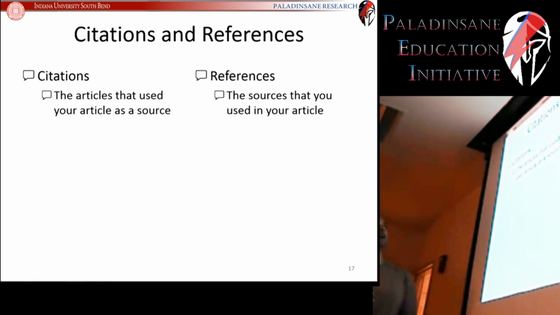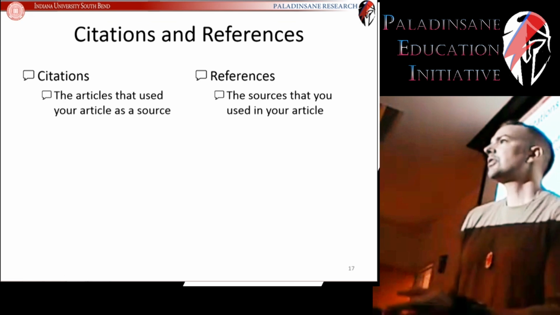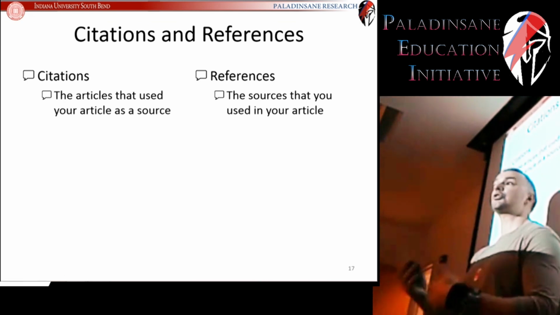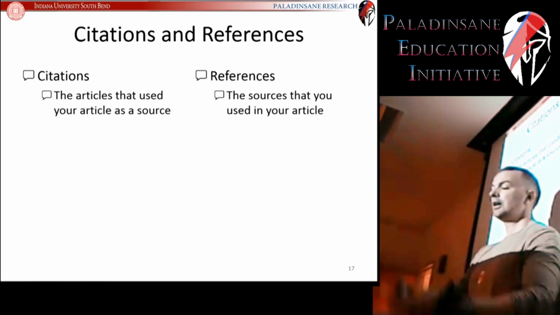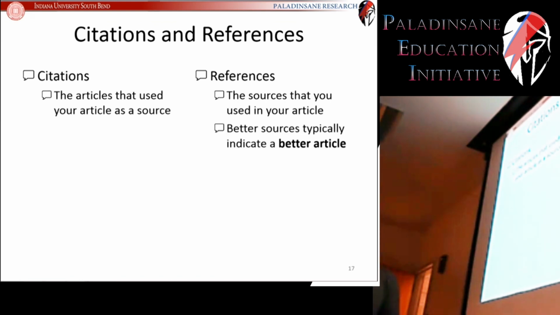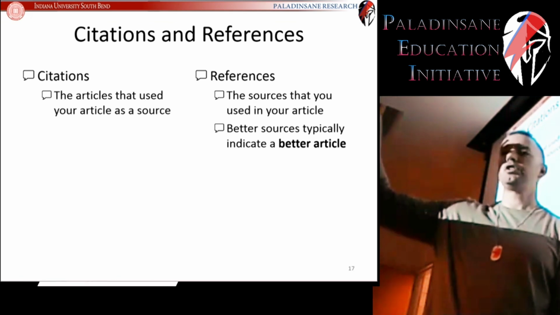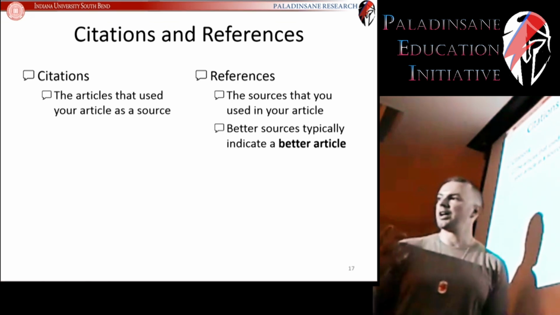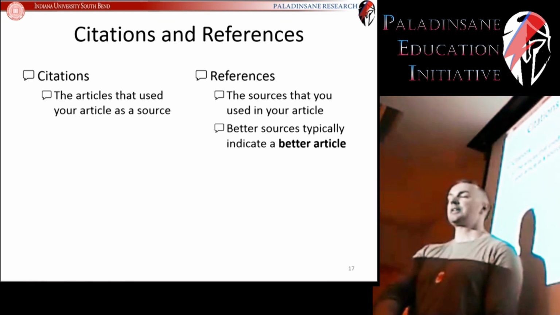So once you know this, you can start using citations and references in order to very quickly help you evaluate certain articles, right? It can be used as a shortcut. If you're not familiar with an area, if you're trying to find new research, this can really help you, because if you open up a PDF and you just go to the reference section, when you become familiar with an area, even just a little familiar, you'll start to know what the classic papers are.